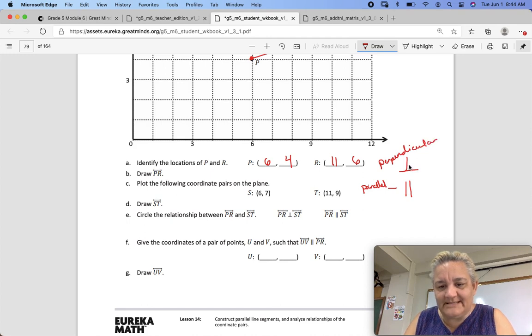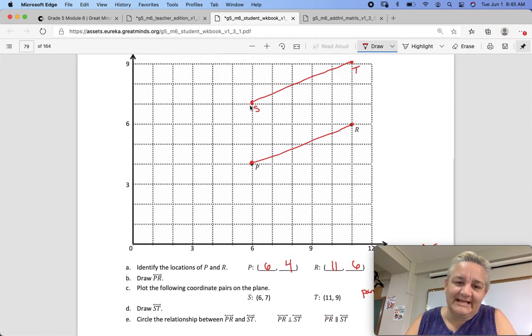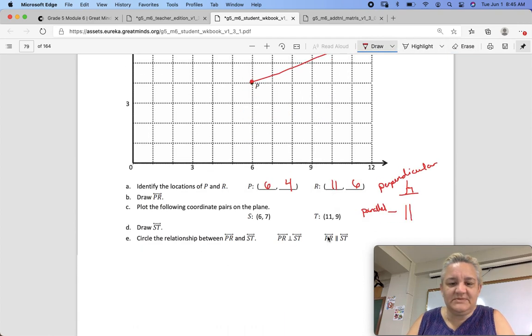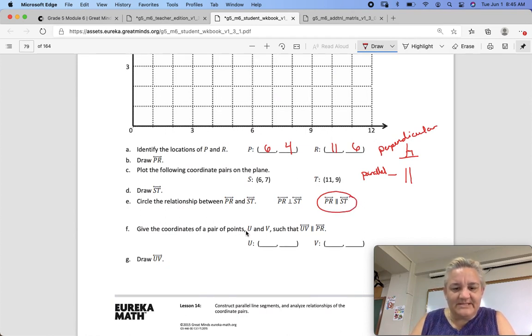Remember, perpendicular has a 90-degree angle in it. So these two lines to each other are definitely parallel, and I can tell because this is 1, 2, 3 spaces away, and this is 1, 2, 3 units away as well. So, which one is it? It is parallel.